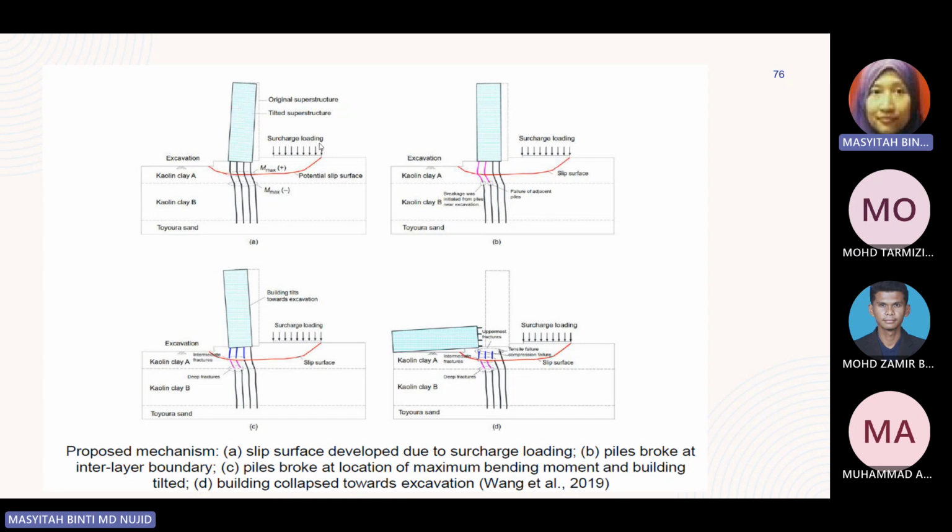So it is a very detailed explanation from Wang et al. 2019 showing the images, the process sequence of the failure from the beginning, how the surcharge loading triggered the failure, and how the pile structure failed due to the moment at the interface or at the layer of soil within a few meters below the ground surface.